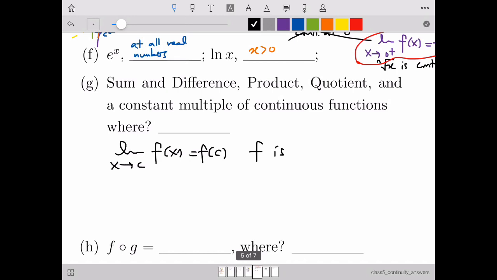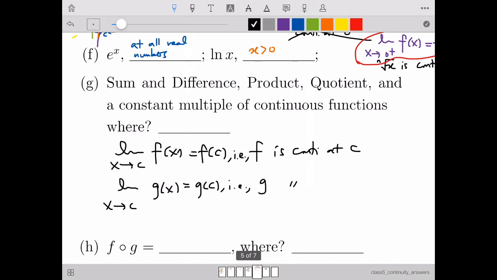It tells you that, in other words, f is continuous at c. And suppose the limit of g of x is also g of c. In other words, g is continuous at c. Suppose I have these two.